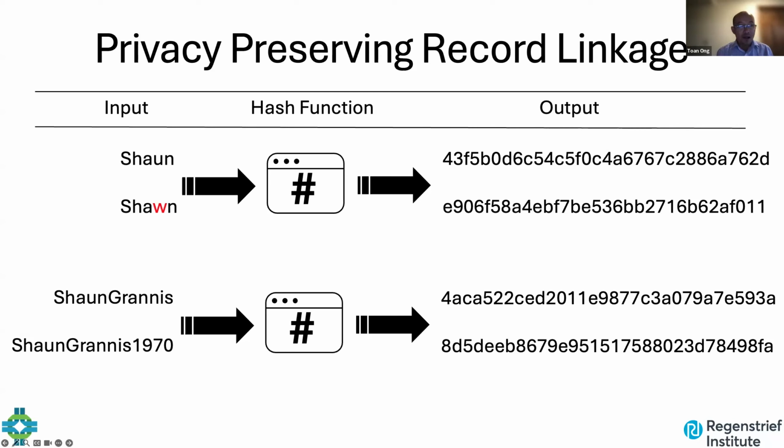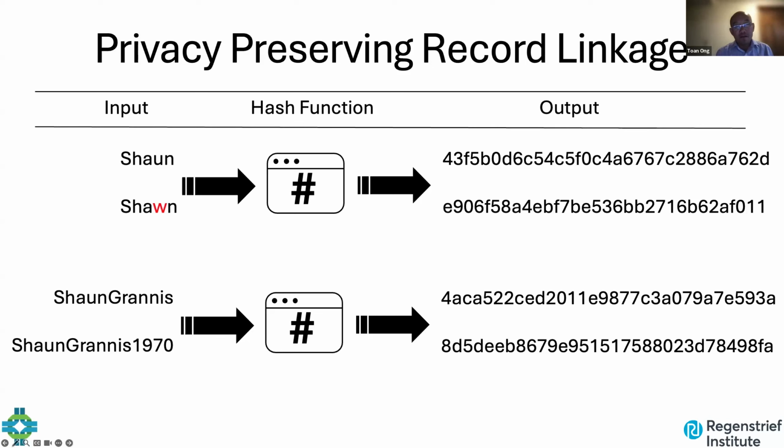As you can see on the diagram there, the main component of PPRL or privacy preserving record linkage is the hashing process. And in that process, the hash function will convert the clear text value, like a first name, into what I call a hash value, or a nonsensical value that cannot be reconverted to the original values.